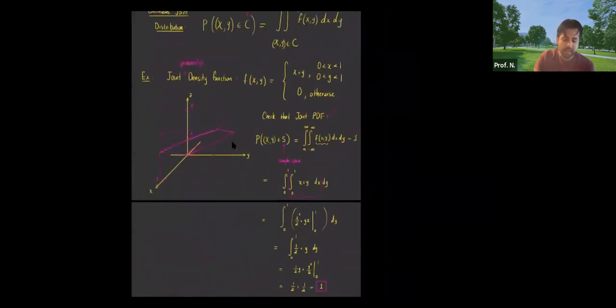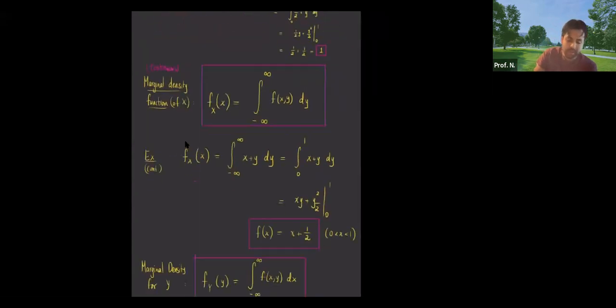So these slices, cut in this direction, classify as the PDF for y alone. If I cut these slices this way, then these area slices would constitute the PDF for the x random variable alone.